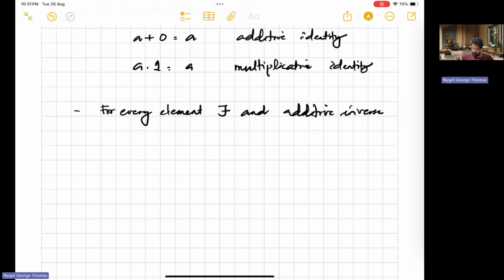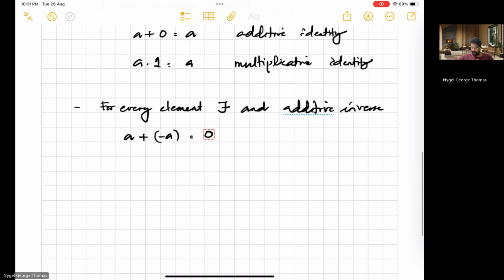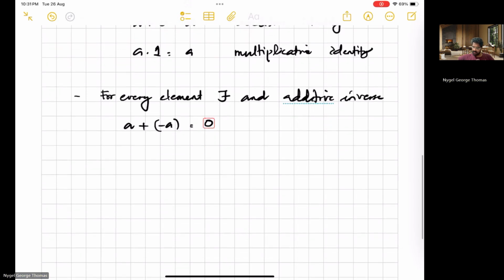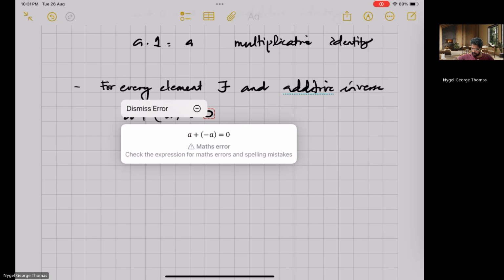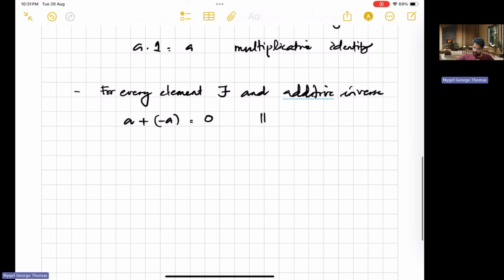What does that mean? A plus minus A is equal to 0. And 0 we have already defined as the additive identity. Here, minus A is the additive inverse.